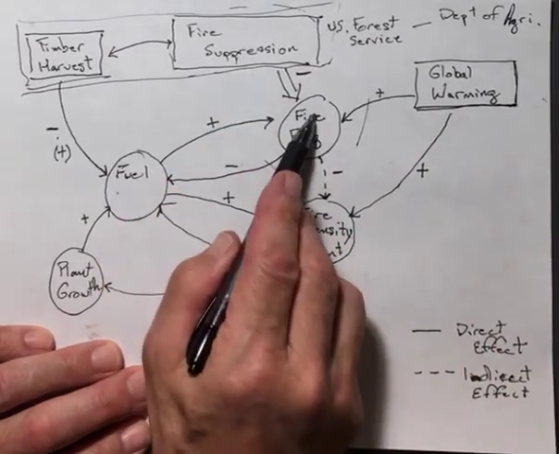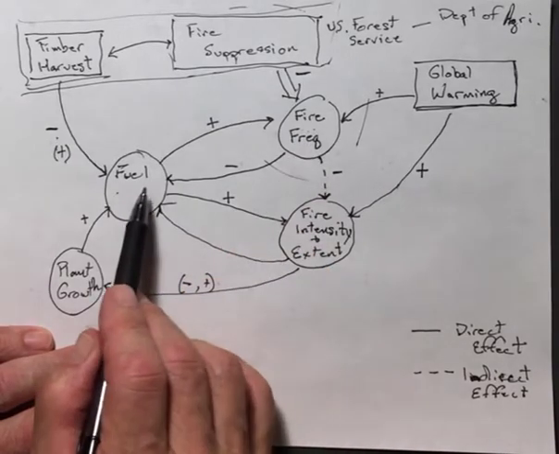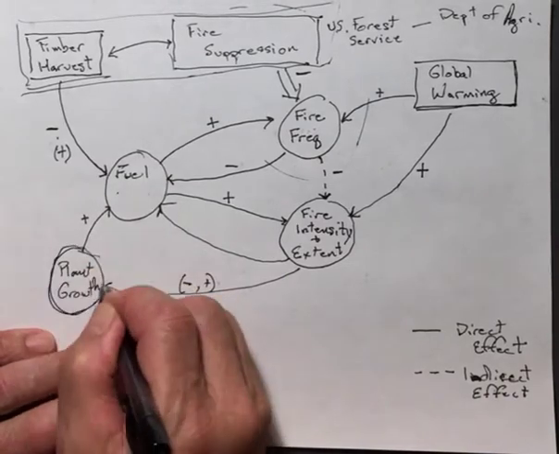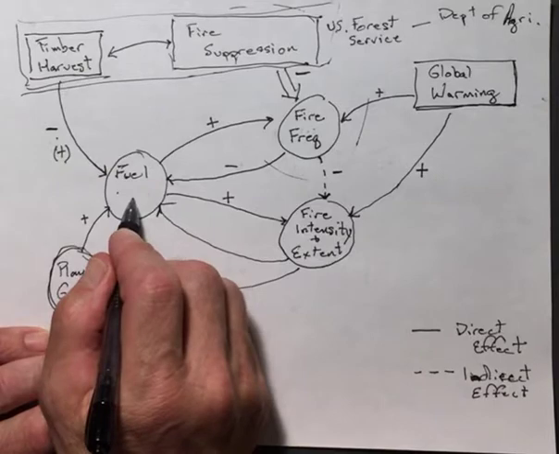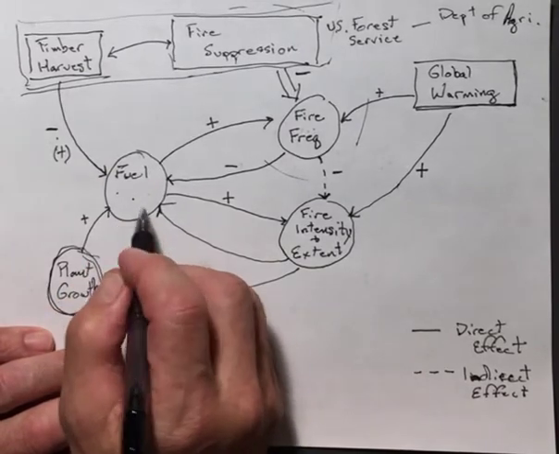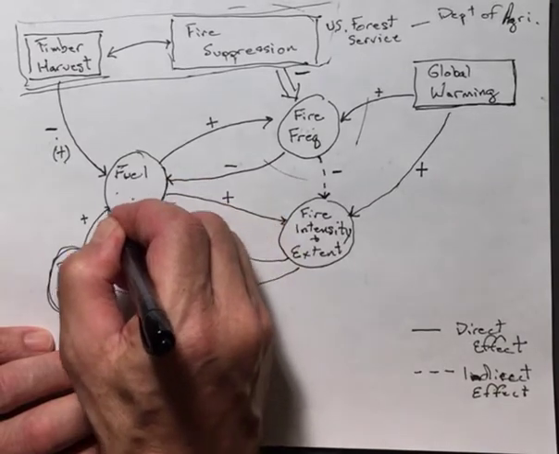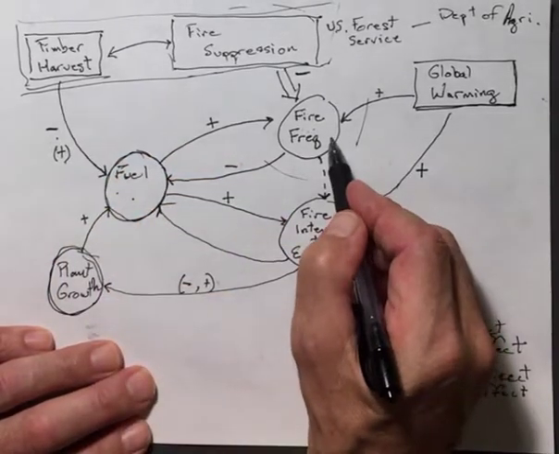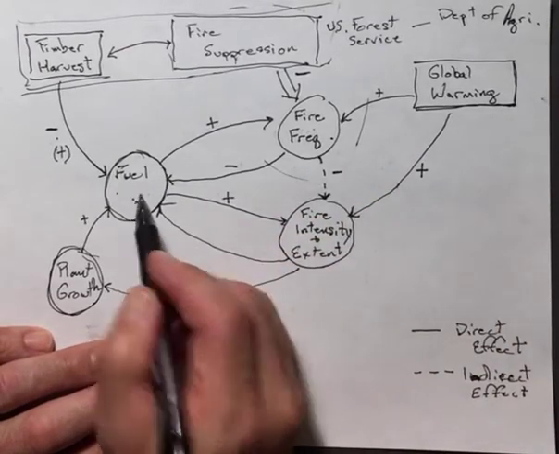So fire gets suppressed. That means with fewer fires, the fires aren't burning up any of the fuel, but you still have plant growth increasing the fuel. And so eventually, when you get a fire, it's enormous because you have lots and lots of fuel. If you can increase fire frequency, that reduces the amount of fuel.